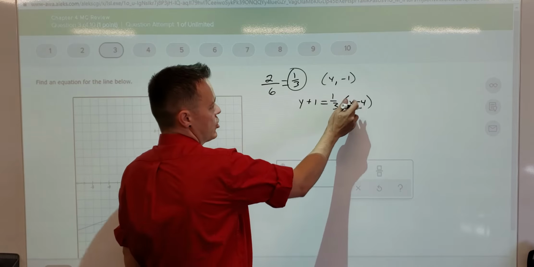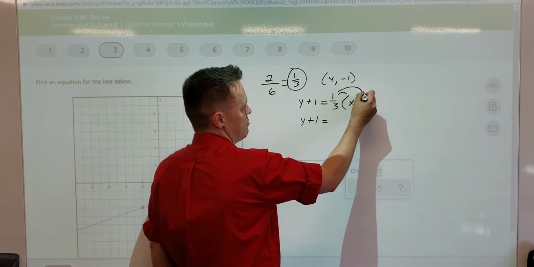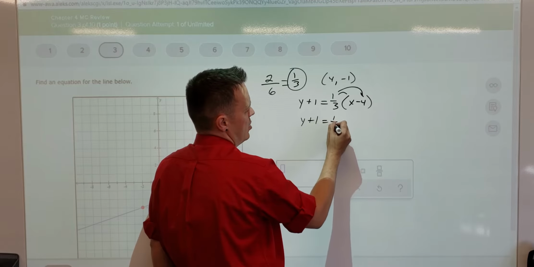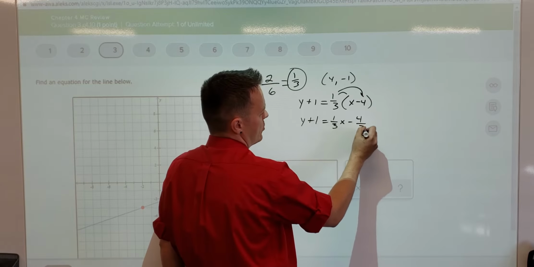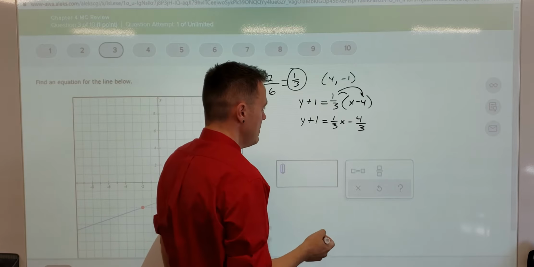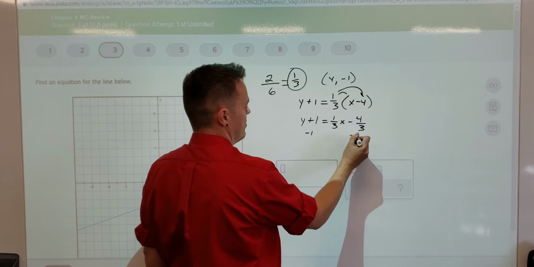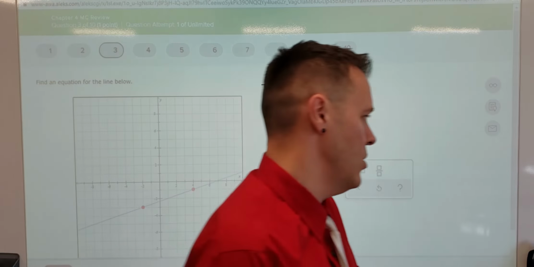When you're going through this process, y plus 1, you distribute to both. It would be 1/3 x minus 4/3, because you would multiply that in, so it'd be 4 times 1/3. Then you would subtract 1 from both sides, and when you do that, you need to use a calculator.